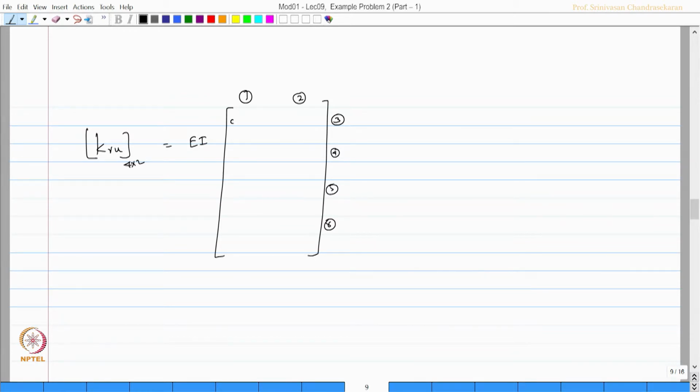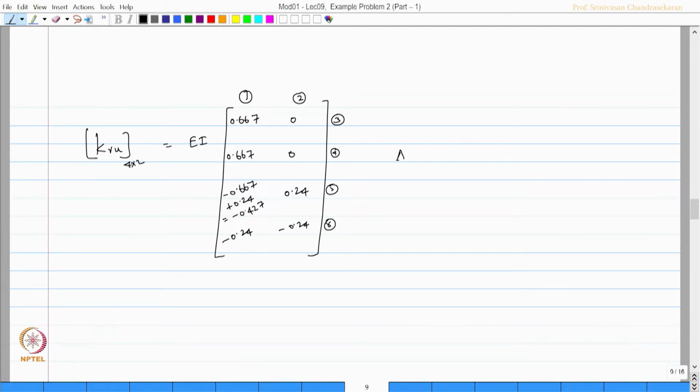This value is 0.667, this value is 0.667, and this value is going to be minus 0.667 plus 0.24, which will be minus 0.427, and this is minus 0.24. So, this will be 0, this will be 0.24, this is minus 0.24. So, that is going to be my KRU matrix.